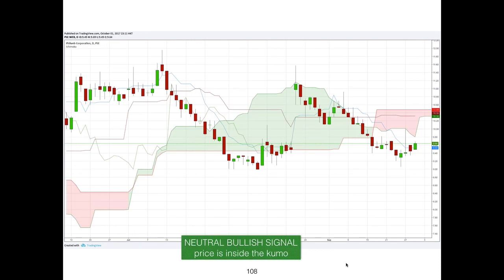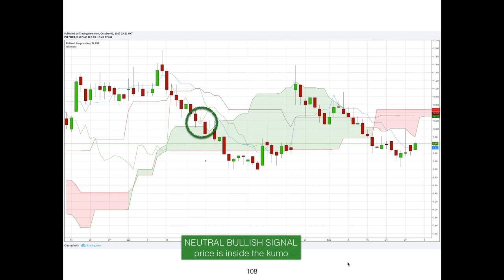A neutral bullish signal happens if the price is inside the Kumo. As in this example in PhilWeb, the Chikou Span crosses above the price. If you look at the Chikou Span, it went above the prices in the past, but the current price is inside the Kumo. This is the past, this is the Chikou Span.